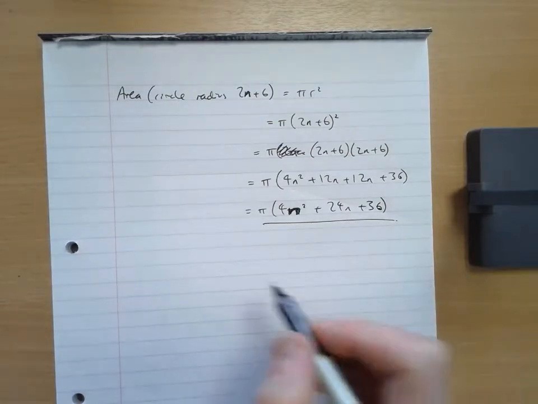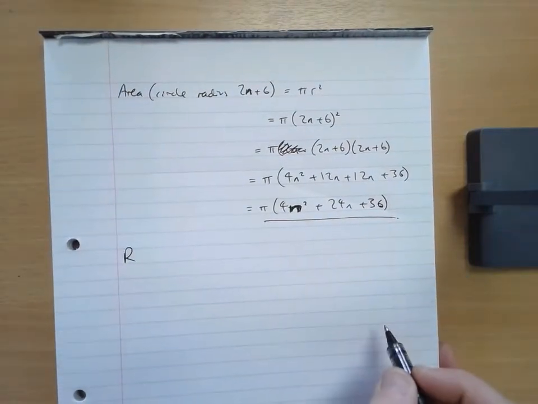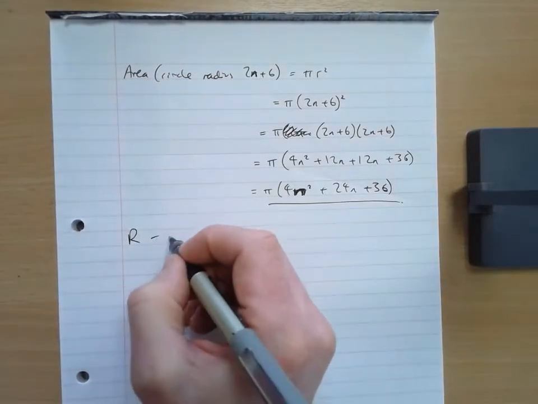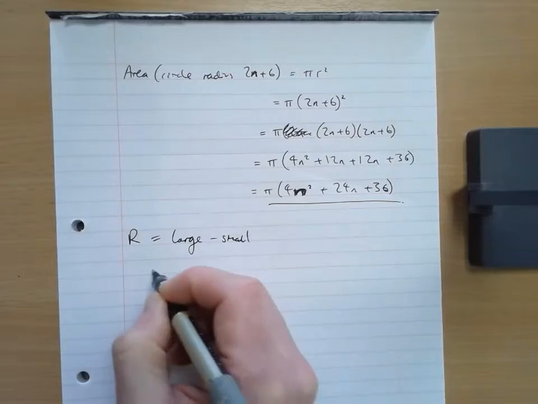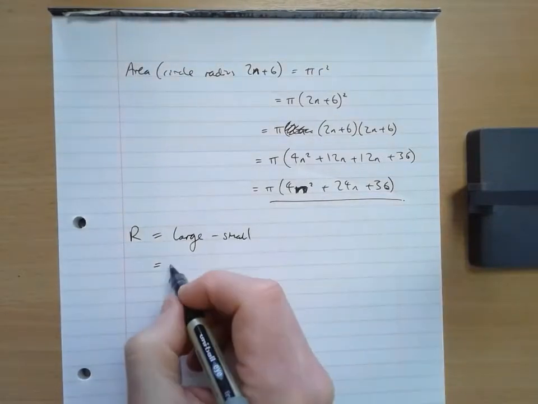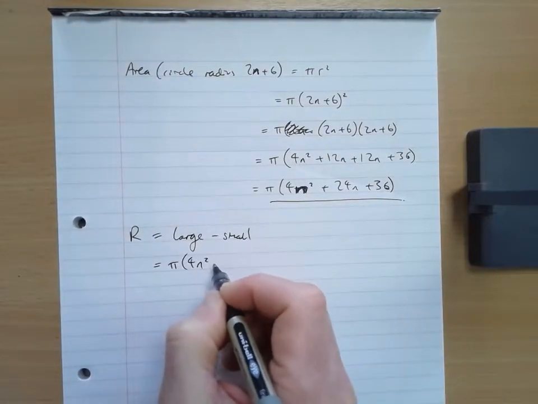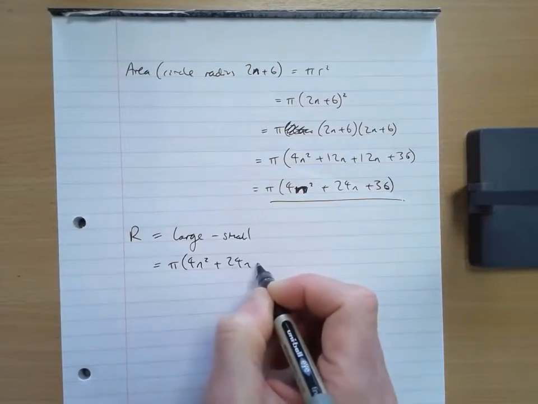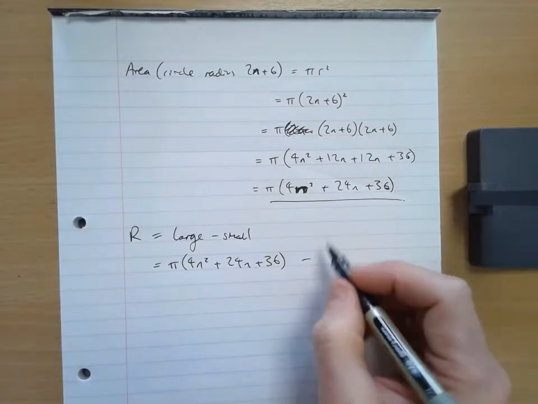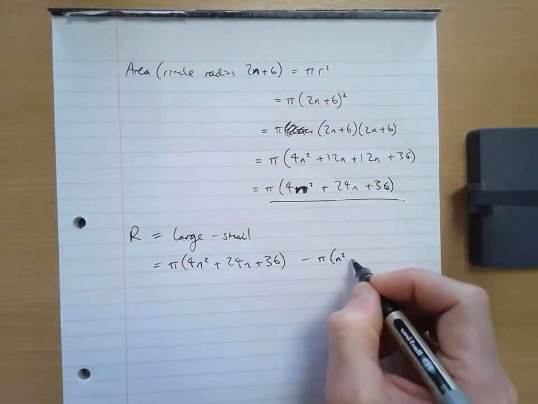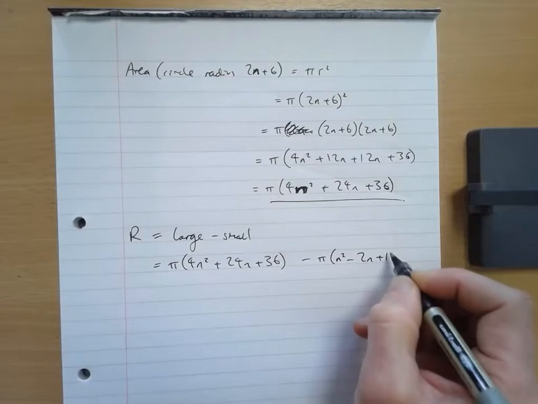Now the region R is the large circle minus the small circle, so it's large minus small. Now the large is this, so it's pi times (4n squared plus 24n plus 36), minus the small, which we found earlier to be pi times (n squared minus 2n plus 1).